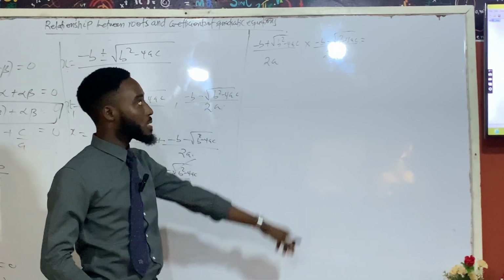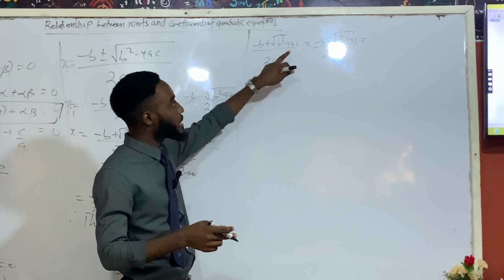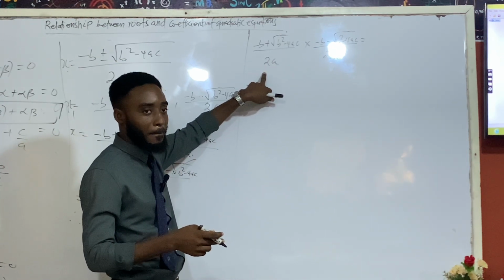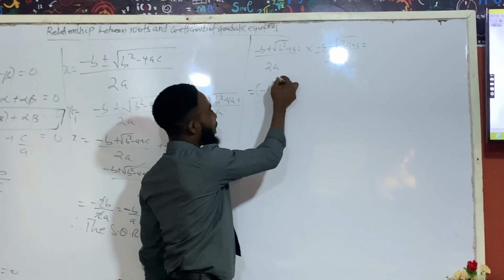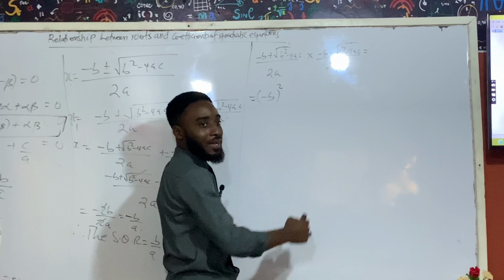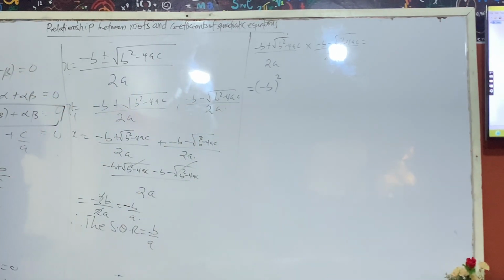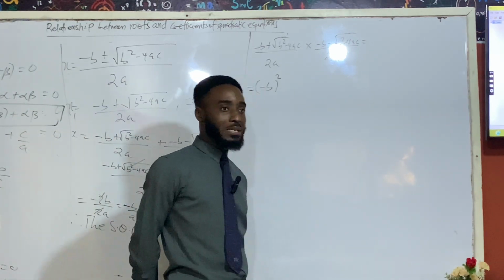Difference of two squares. Perfect. So that would mean that the top, multiplying this and this, it becomes what? Minus b all squared. You almost got it. No. Difference of two squares.